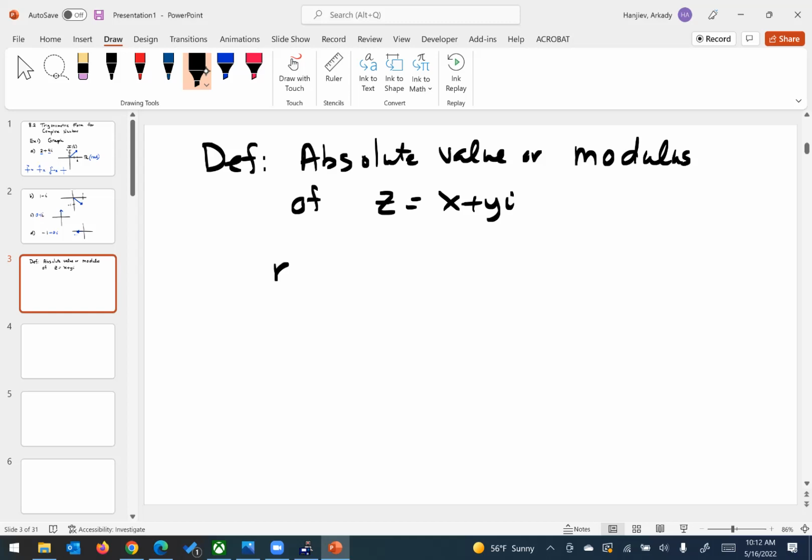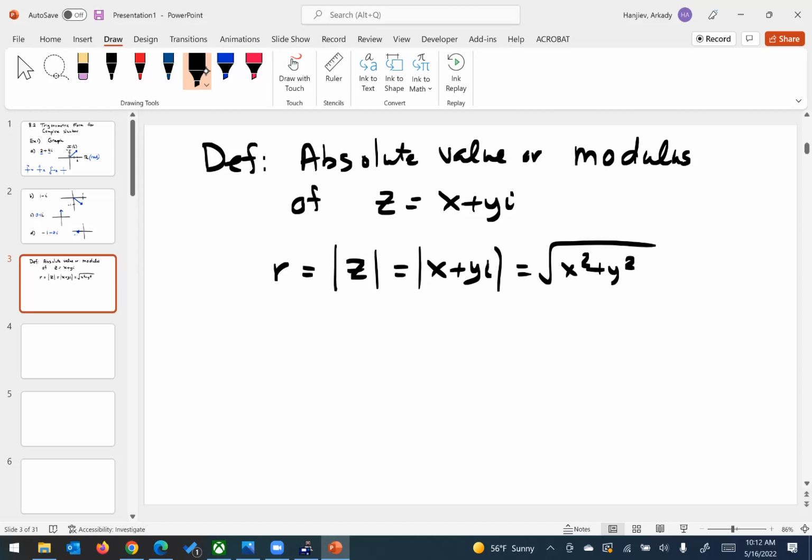And what's the absolute value of it? It's going to be r. r is the absolute value of z, which is the absolute value of x plus yi, which really is just square the x's, square the y's, add them together, and take a square root. We good?